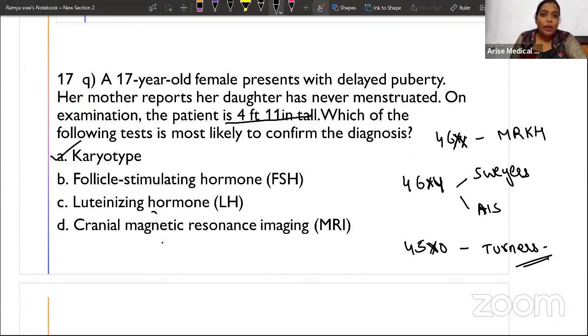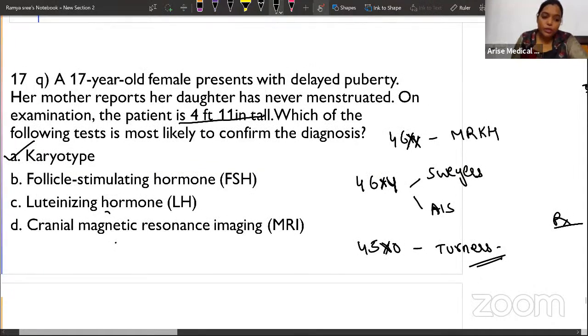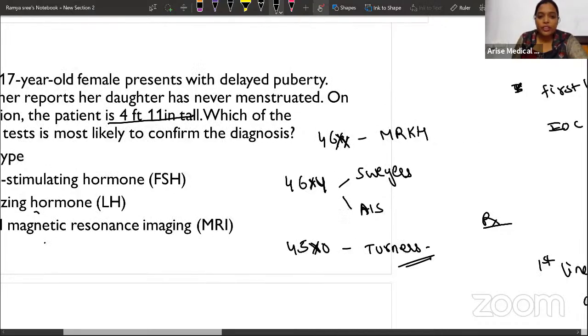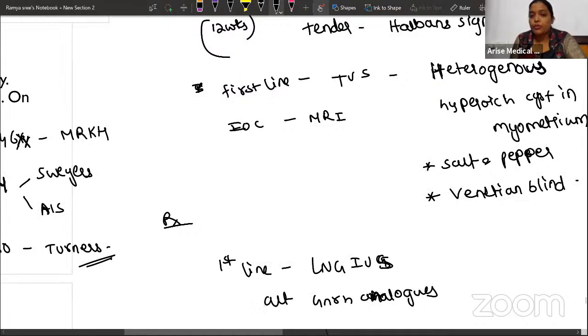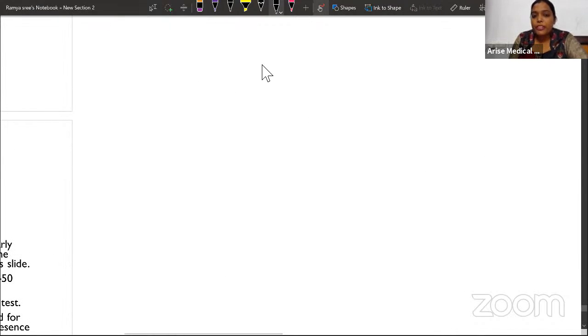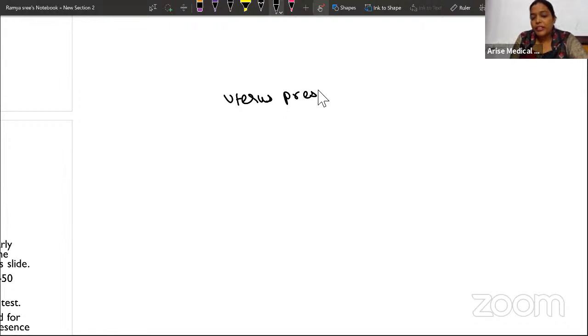And how do you differentiate between these syndromes? I'll tell you one simple way. In amenorrhea MCQs, what you have to observe is this: check for the uterus. If the uterus is present, check for the secondary sexual characteristics.